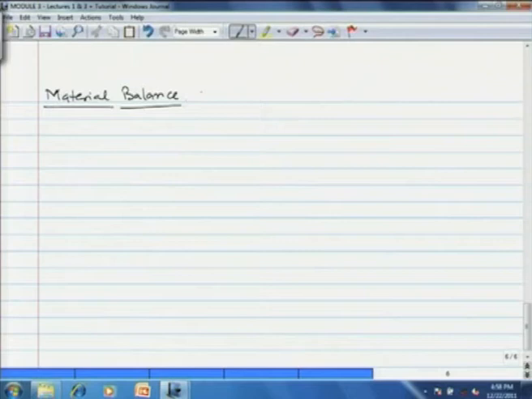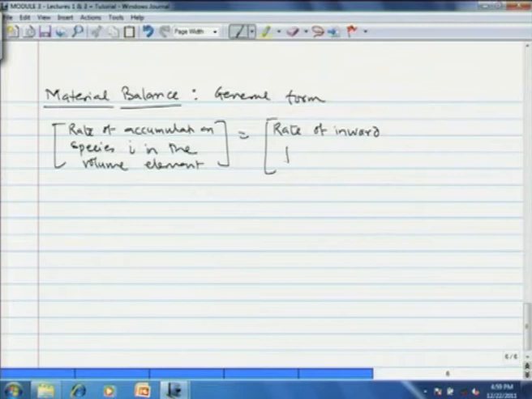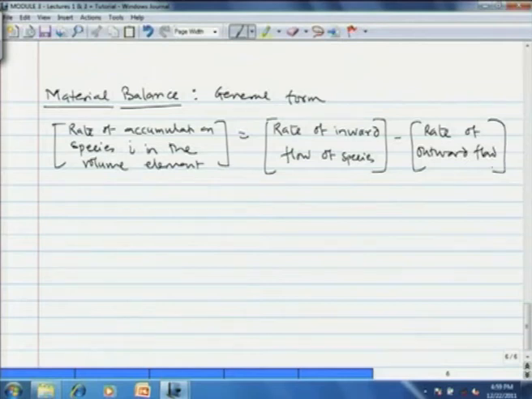The general form of material balance would be that rate of accumulation of species, we denote it by I, species I in the volume element of the reactor is equal to the rate of inward flow of that species minus the rate of outward flow plus the rate of generation or consumption.